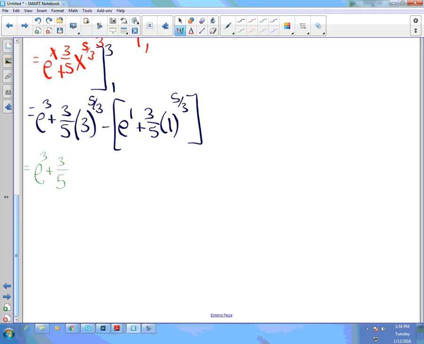Do you know how to break that apart? 3 to the 5/3 is actually a radical. What's the index? Cube root of 3 to the 5th power, or 3 times 3 times 3 times 3 times 3. So we're looking for a grouping of what? 3. So we can pull out a 3.